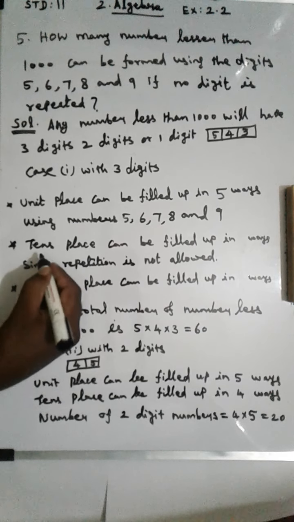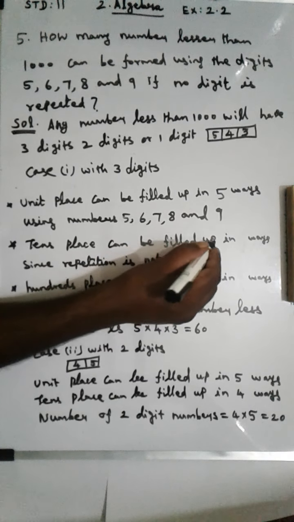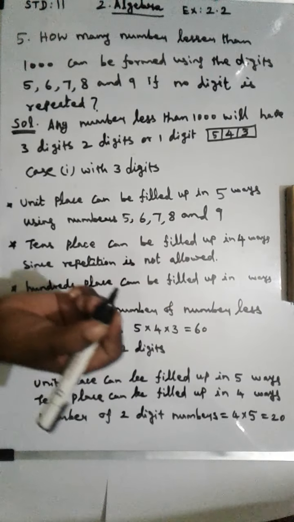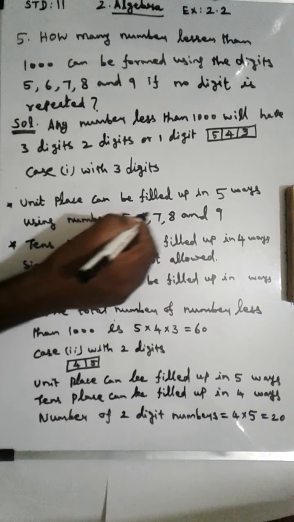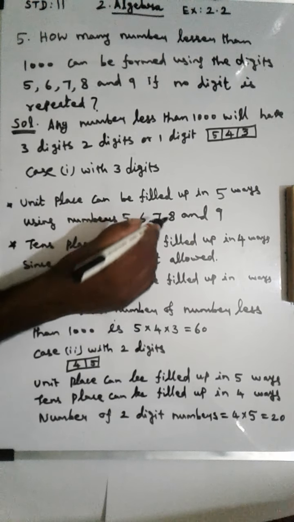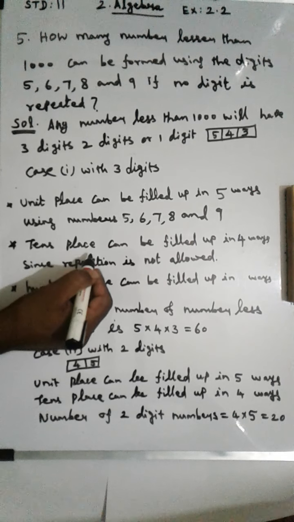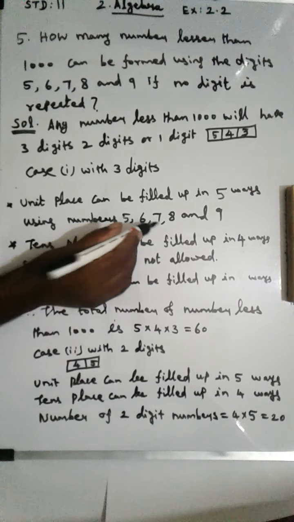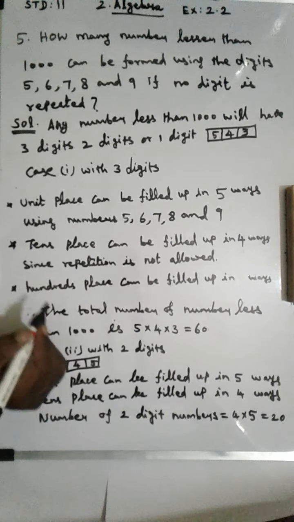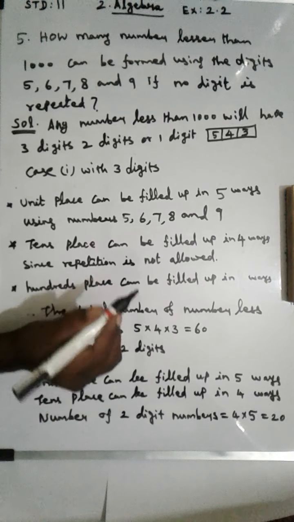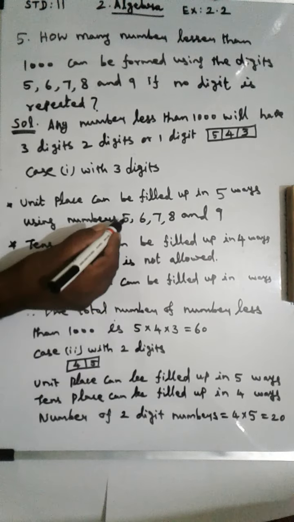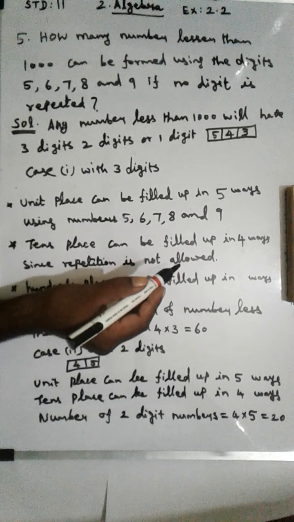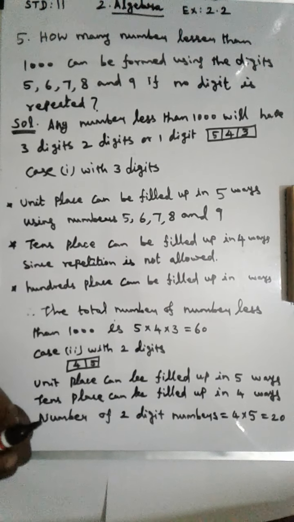4 numbers remain. The tens place can be filled in 4 ways. Why? Any 4 numbers we can take for the tens place, because one number is already used for the unit place. Since repetition is not allowed, except one number the remaining is 4 numbers, so 4 ways for the tens place.